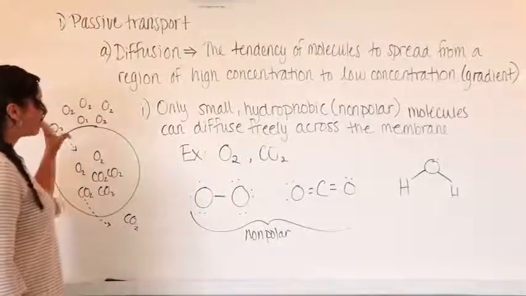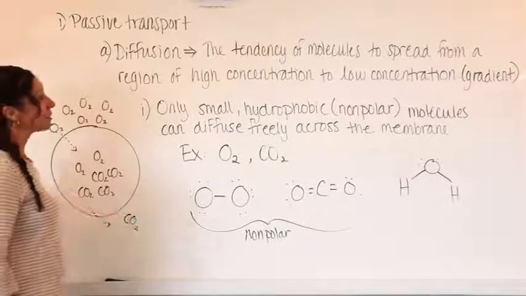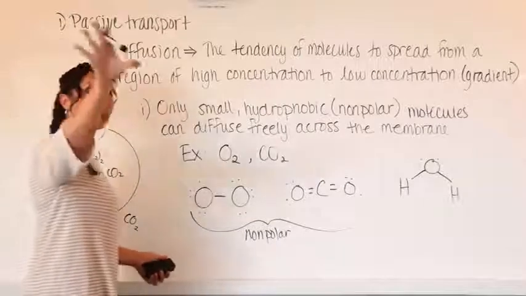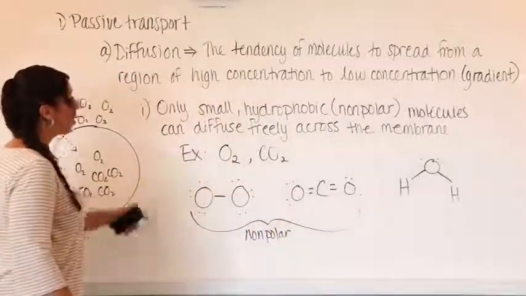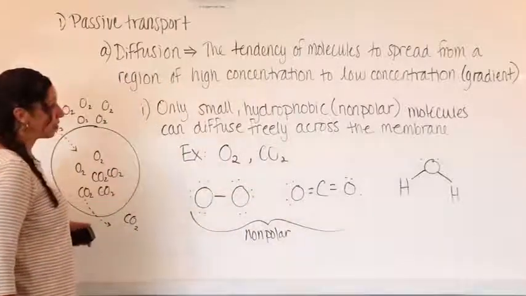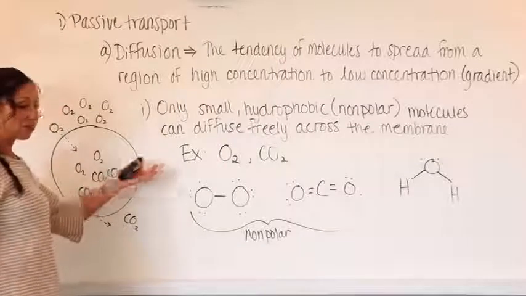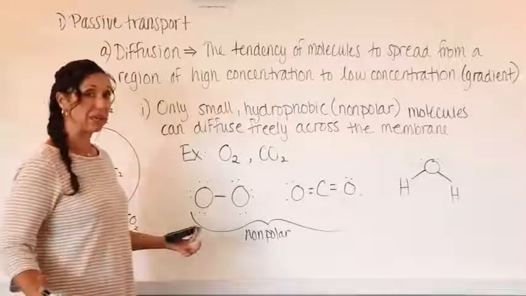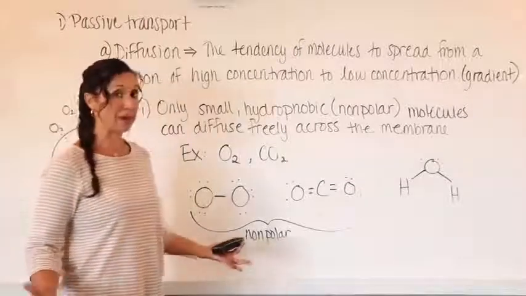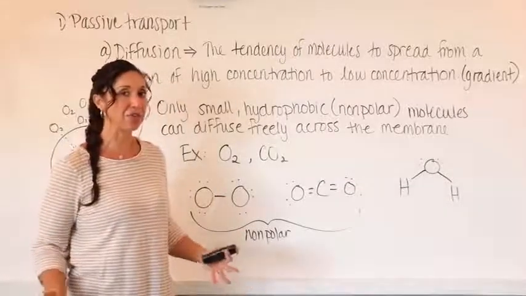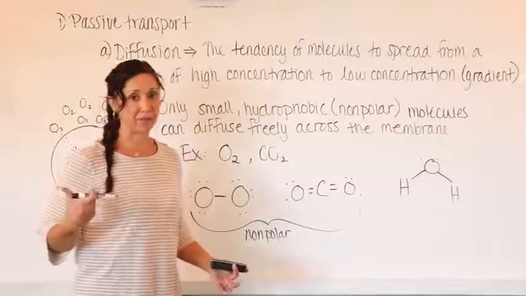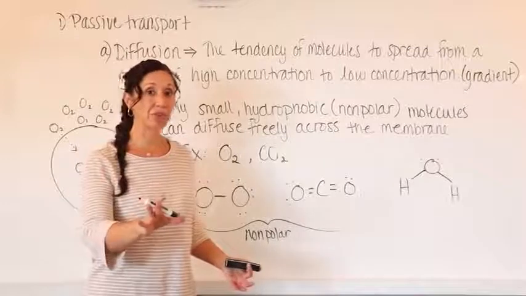Alright, so diffusion is the tendency of molecules to spread from a region of high concentration to low concentration, to go down their gradient, if you will. Only small hydrophobic molecules can diffuse freely across the membrane, such as oxygen and carbon dioxide. And this is where you gotta be careful, because carbon monoxide and stuff like that are also hydrophobic. So some toxic gases can pass freely into your cells, and that's why they're so scary sometimes.